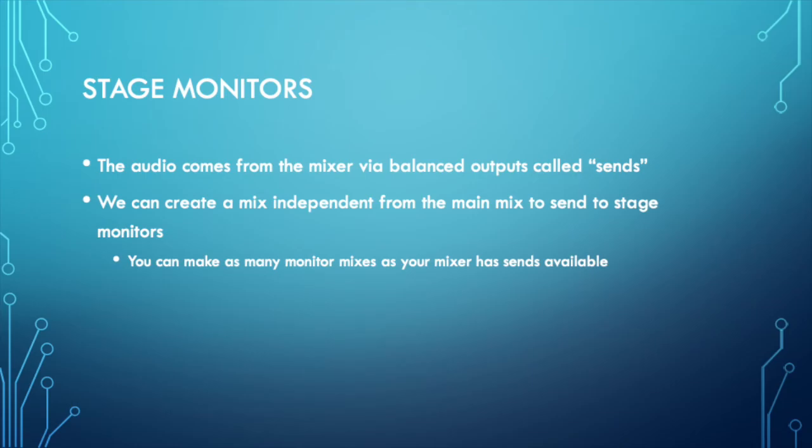But at least in our rooms, they're all passive, so there are amplifiers in completely different rooms, and the signal goes out of the mixer, line level, into those power amps.